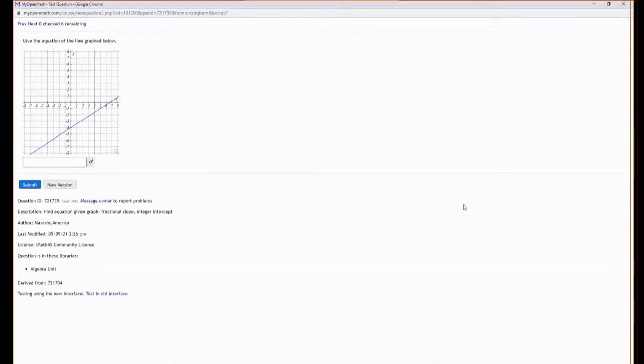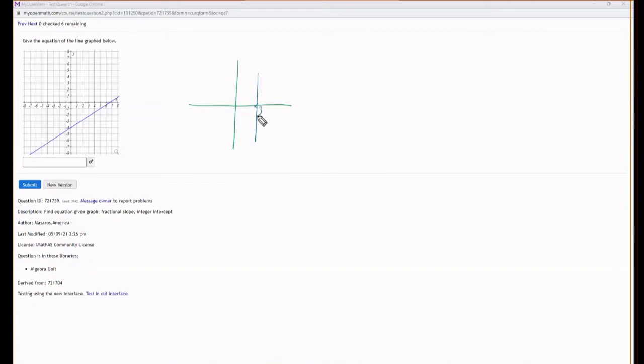If it's a vertical line, I'll just draw an example because I don't know how many tries it'll take for it to give me a vertical line. But if I have a vertical line, and let's suppose it hits over here at an x value of 3, every point on this line is going to have the same x value.